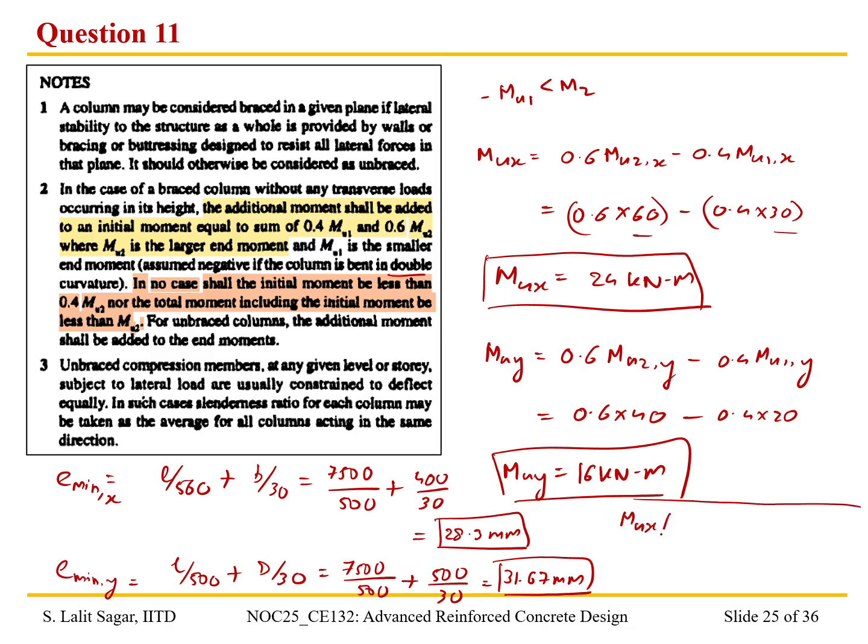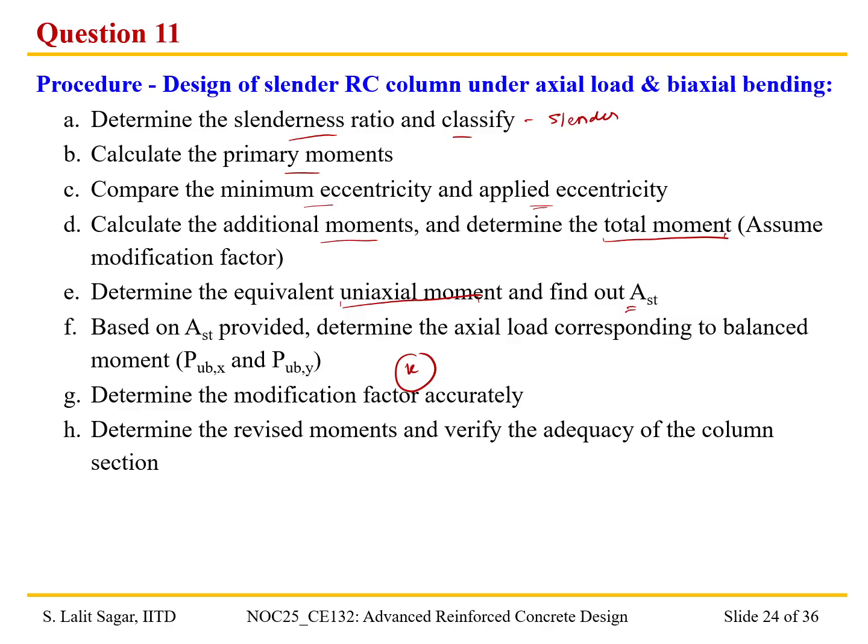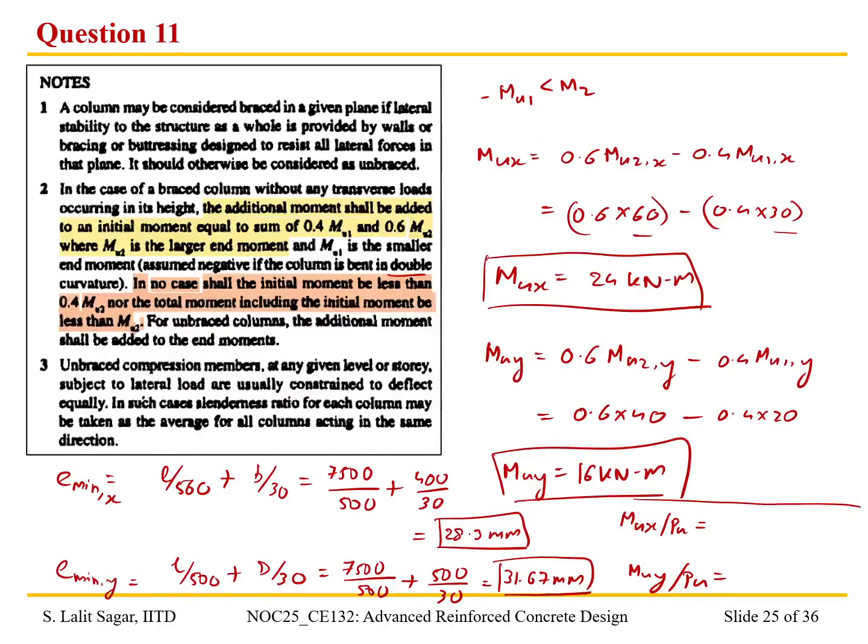Mux by Pu and Muy divided by Pu. That is 24 into 10 power 6 divided by 1500, and 16 into 10 power 6 divided by 1500, and this is 10.6 millimeter for Muy.